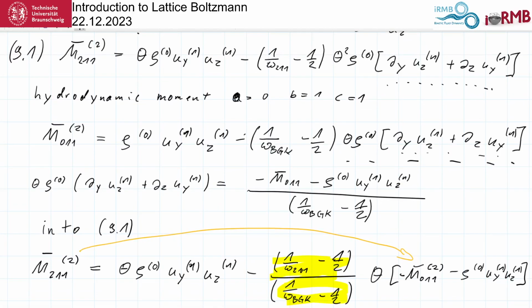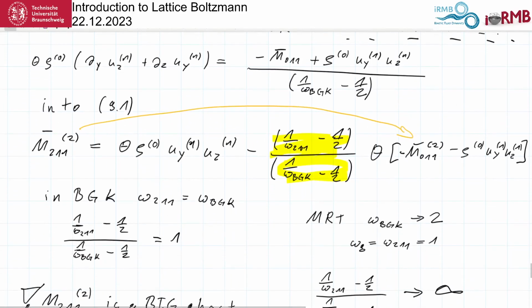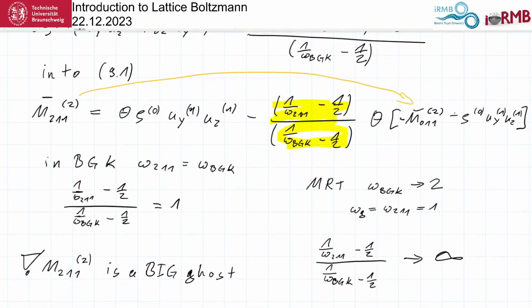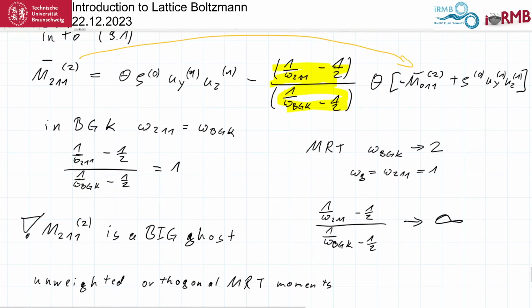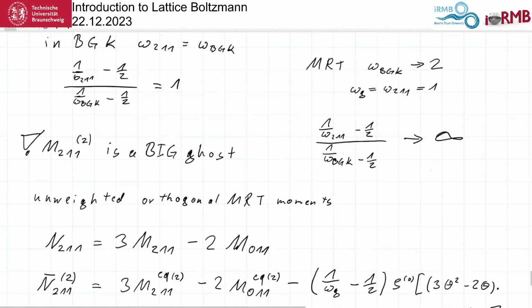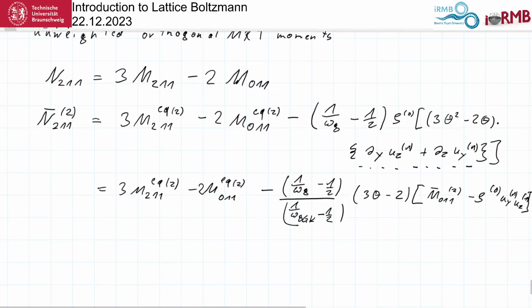Because there's this sign, I must take this one down here, and this must be this one. Okay, sorry for having the wrong sign.